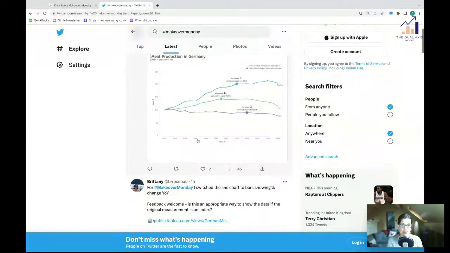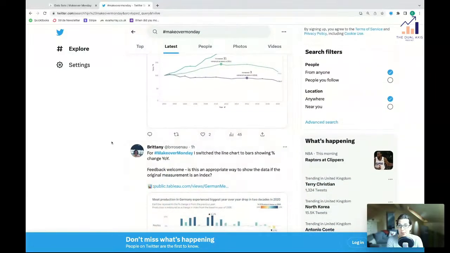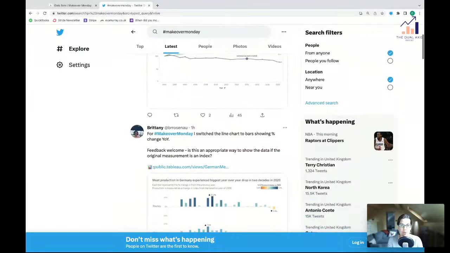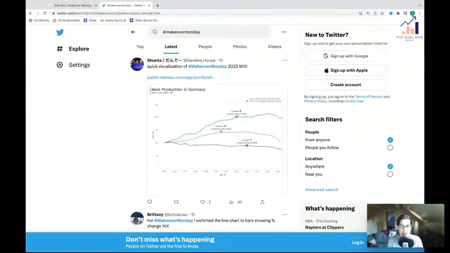I can't ever cover all of them, so it's a matter of luck of the draw whether I pick yours. But really the purpose is that I give some feedback on different types of charts, and hopefully everyone benefits from seeing what I have to say about them and being able to incorporate it into their own visualizations.